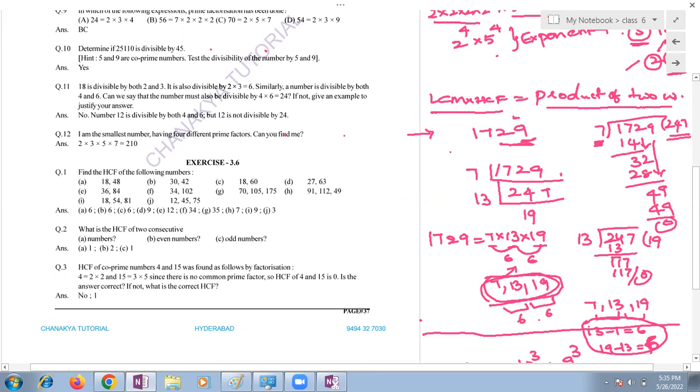Please take your rough book and solve it. Divide 1729 by 7. When I'm doing this, children, you people also should not sit quietly. You have to be with us because this is a very important question.